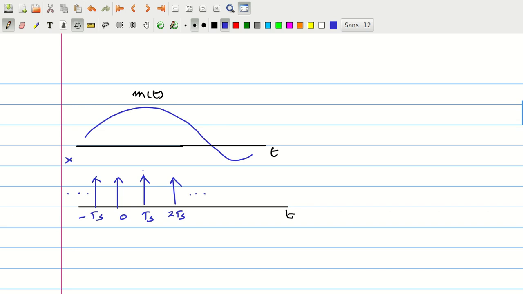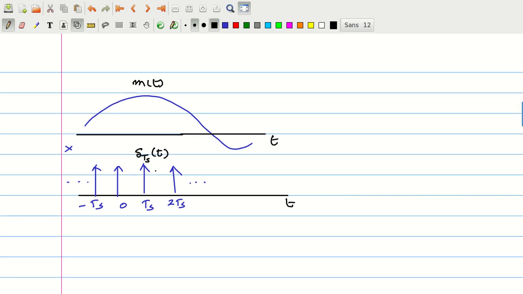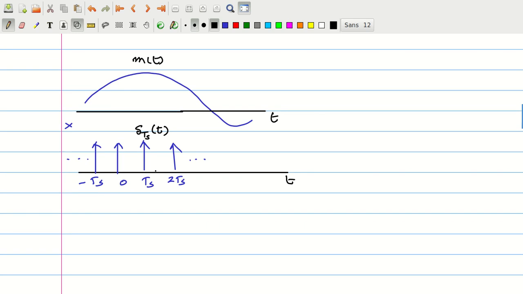Let us represent this impulse train by delta subscript capital Ts of t. Our claim is that when these two signals are multiplied, we get the sampled version of the signal.